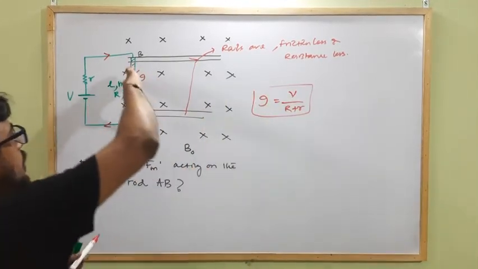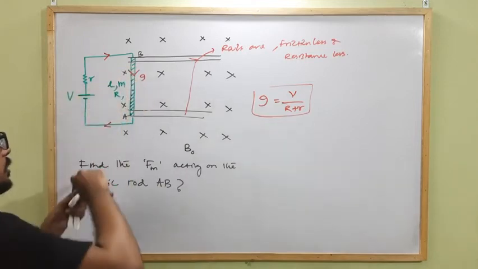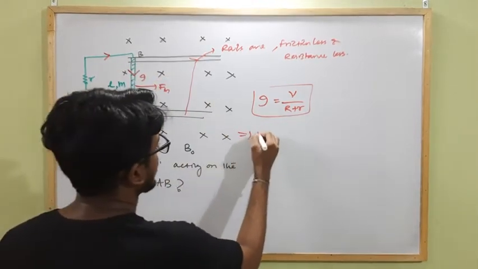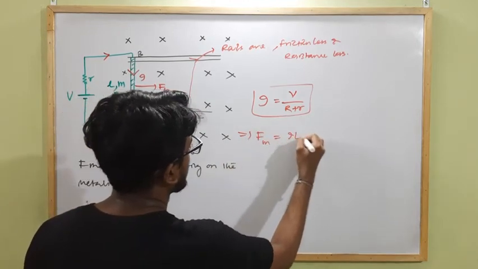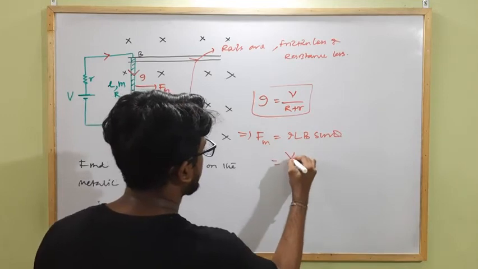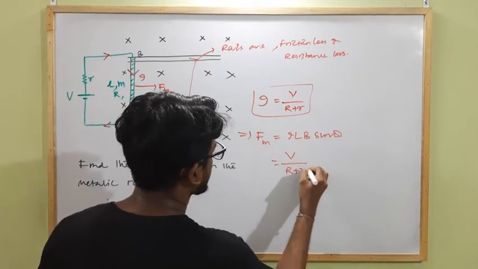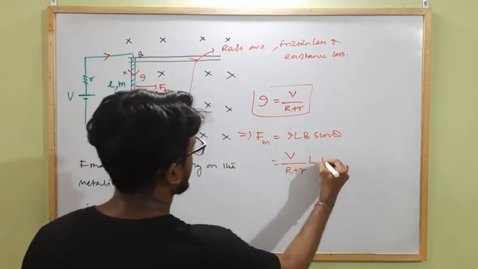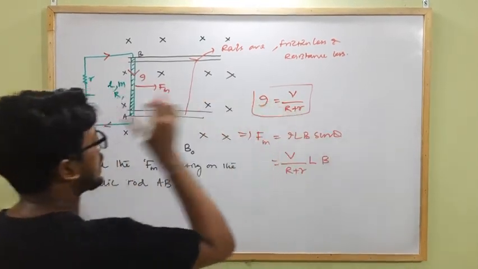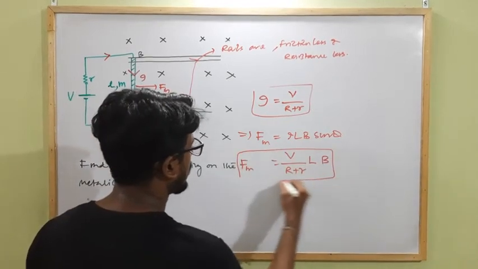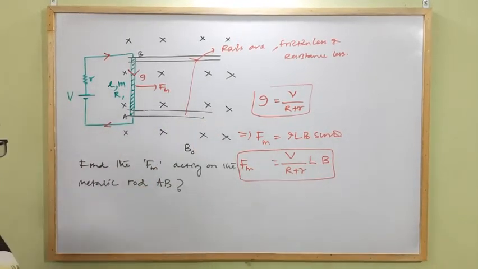The current is flowing along this direction, magnetic field is into the plane, so it will experience a force along this direction, Fm. So what is Fm? ILB sin theta. So in place of I, I can add V by R plus R, into L, length of the segment L, magnetic field strength B, sin theta is 90 degrees. So this is the net magnetic force acting on the current carrying segment.